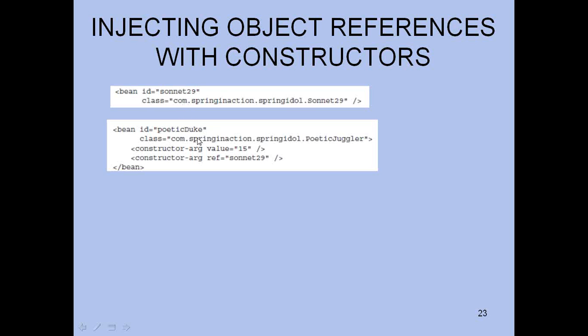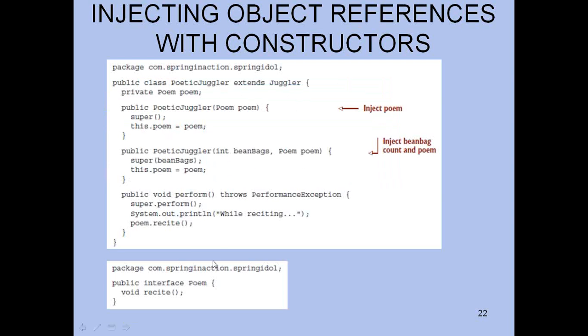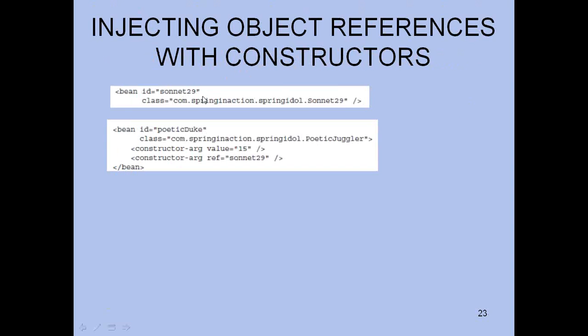Okay, and into the poetic juggler we are injecting the value, how many beanbags, and the reference bean which implements this poem interface. We are injecting that into the poetic juggler, so that when you call that method perform, he will perform juggling through the juggler class, and the poem.recite method will get called from the Sonnet 29 class, which has implemented the poem interface.